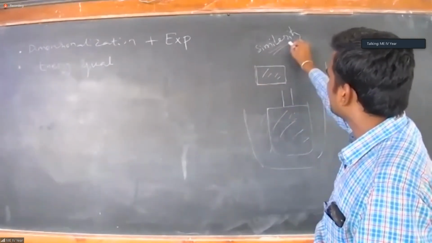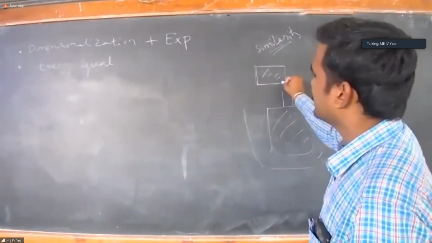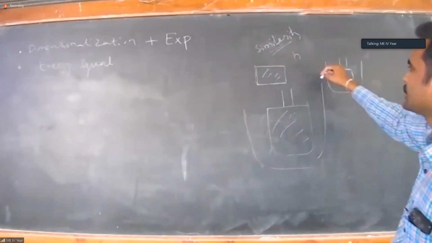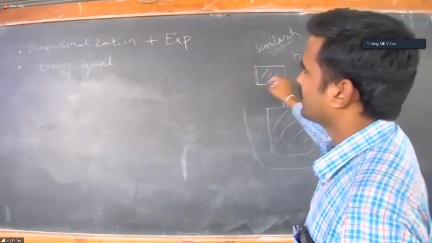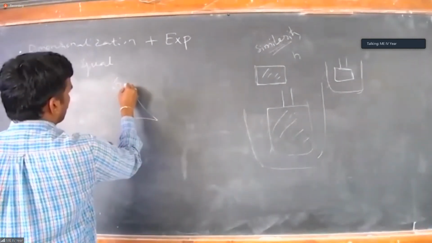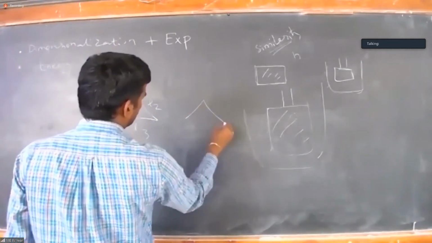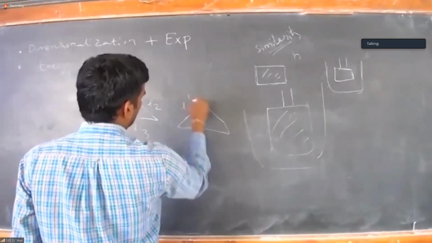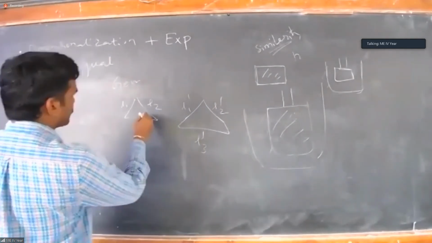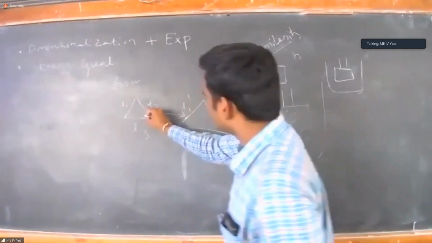Here, using similarity principles, you will estimate the heat transfer coefficient and so on. This is some experiment. First, let's say the diameter is less, and you have to try this. This is like L3. These are similar. How can you say this is similar to this?